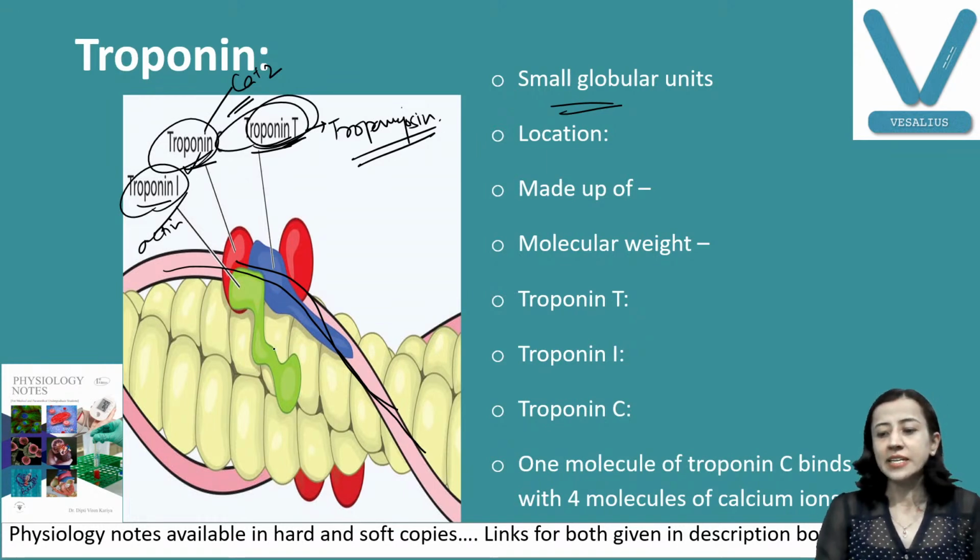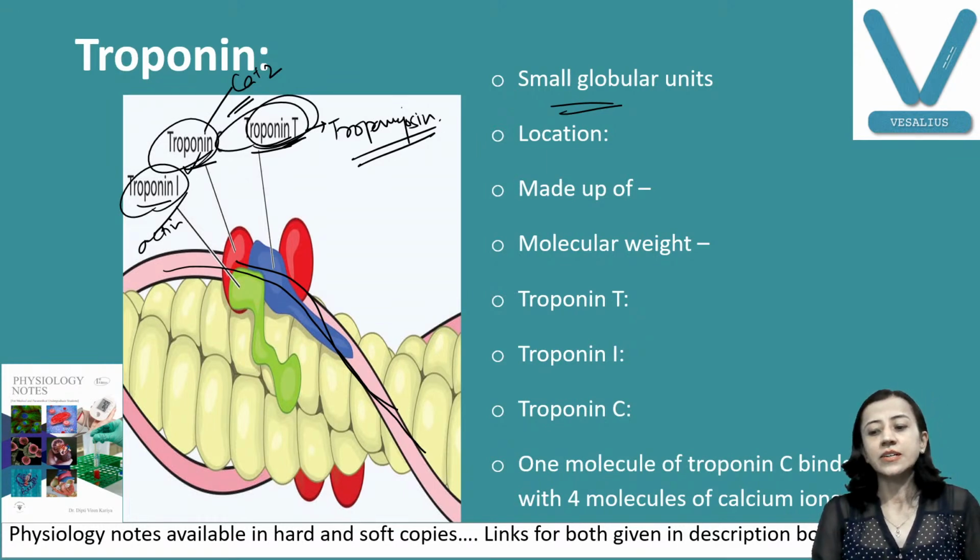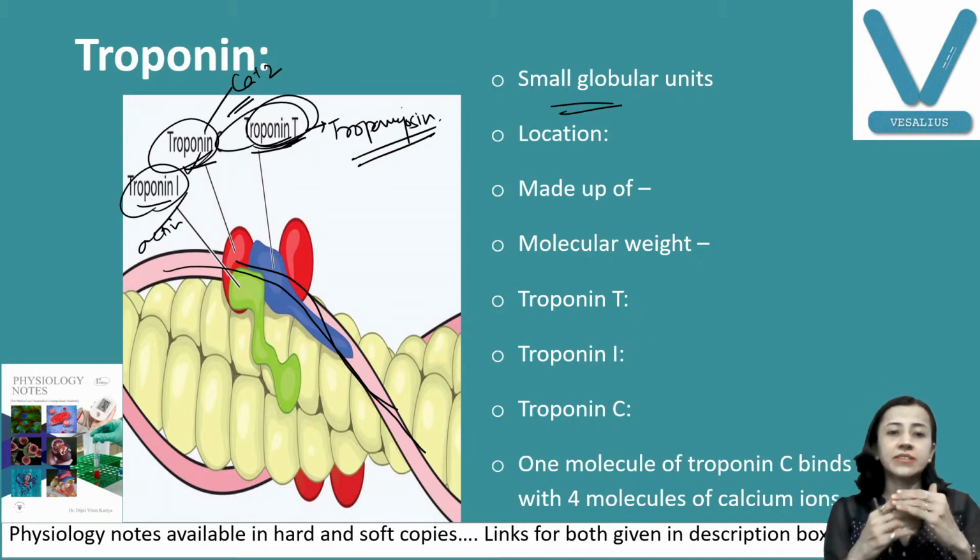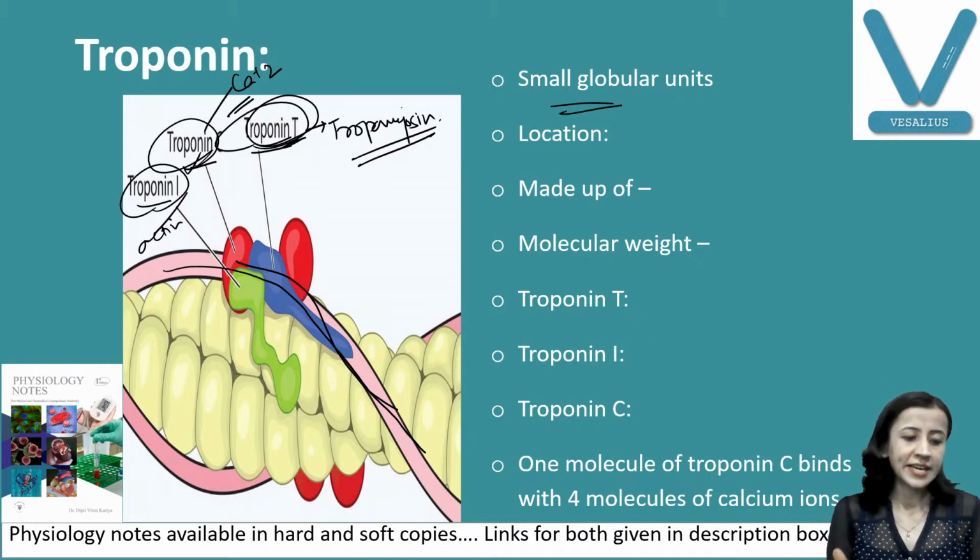So now the active site of the actin molecule opens up, and that results in binding of the actin with the myosin molecule head. So this is all about the regulatory proteins. This is the reason why they are known as regulatory proteins. They will not allow the binding of actin with the myosin head.